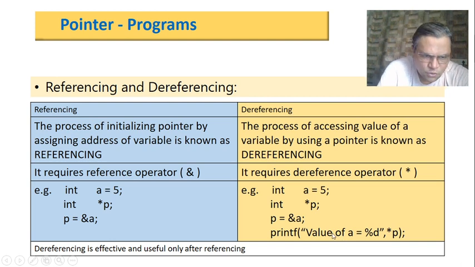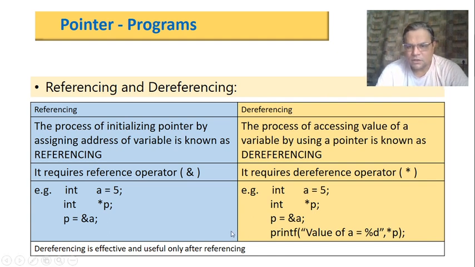Dereferencing, as you can see, is effective and useful only after referencing, because if I write this without performing referencing, then the pointer is not pointing to the variable. That means this will not display the value of variable a; rather it will display some garbage value, or the result cannot be predicted. So this is a small difference between referencing and dereferencing.